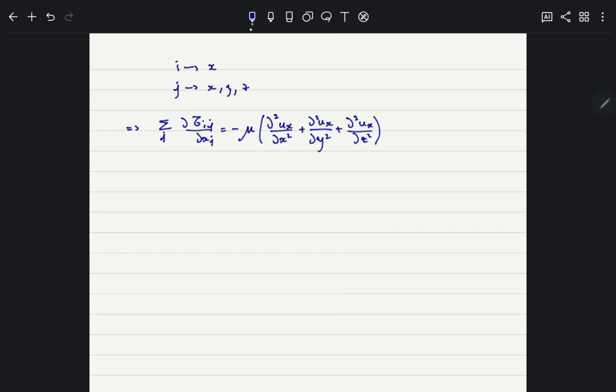This corresponds, remember, to minus mu times the sum of negative mu and d2ui over dxj, the sum over j.